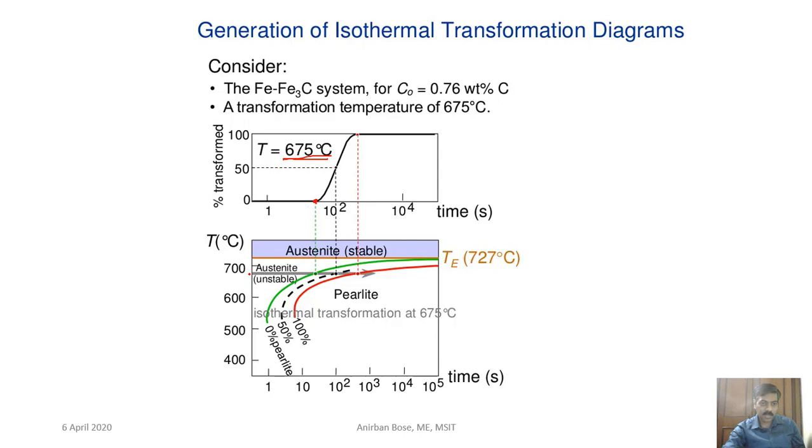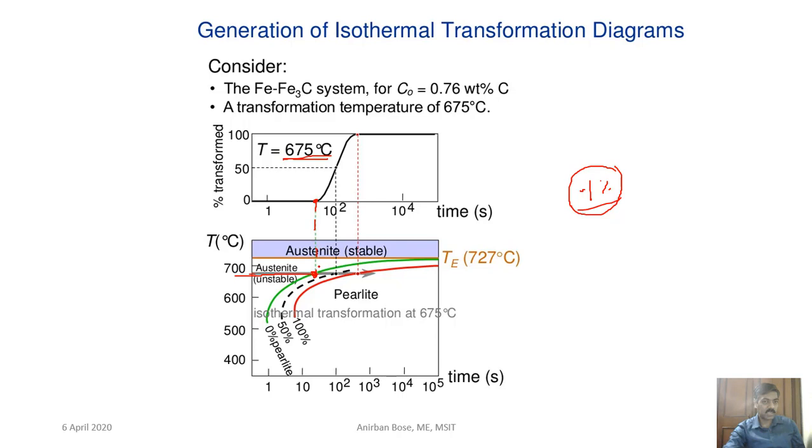So here you go to 675 and identify the point corresponding to 675, where you draw a line vertically to the time axis, the same time axis. How much time it will take to initiate the growth, maybe when a fraction of, say, 0.1% has been transformed into pearlite.